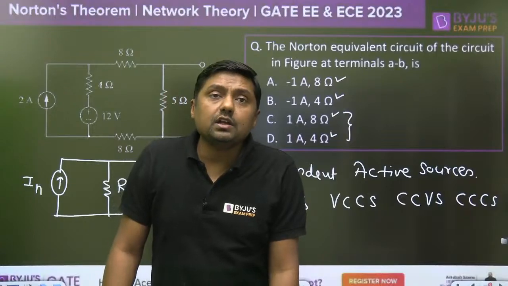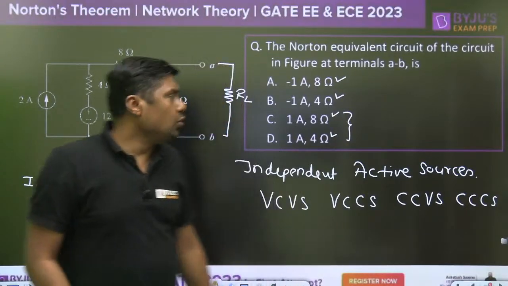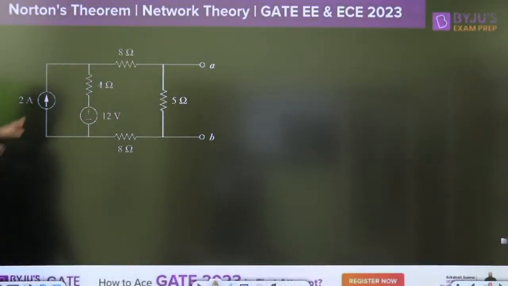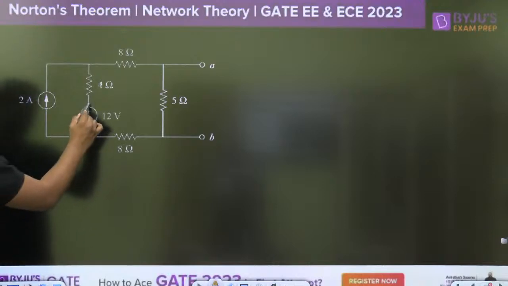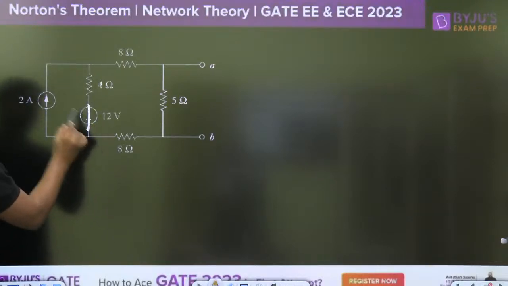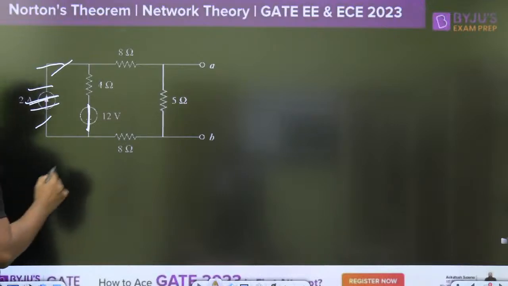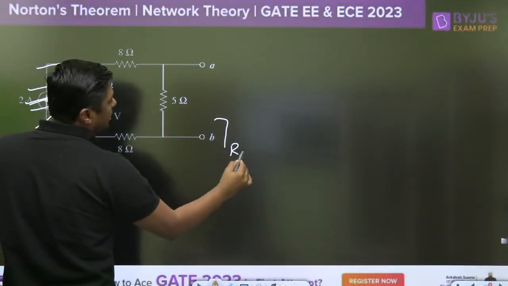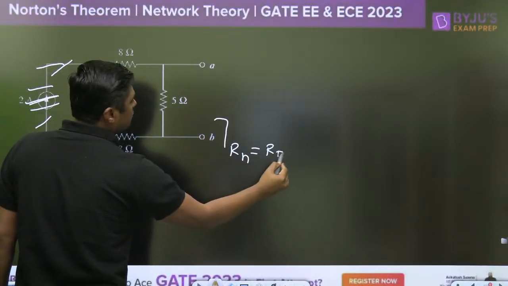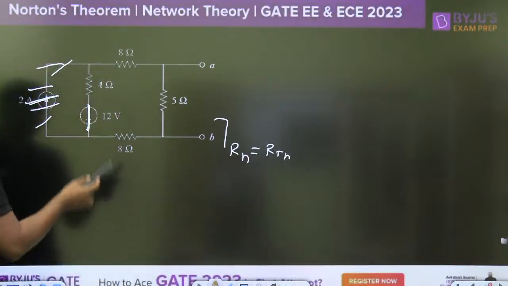Now how to find the resistance? How to find the resistance? It is simply the active sources. This will act as short circuit, this will act as open circuit. Remove this. Now here RN or RTH, they have the same method.